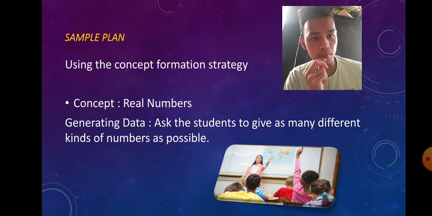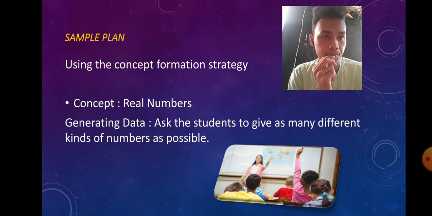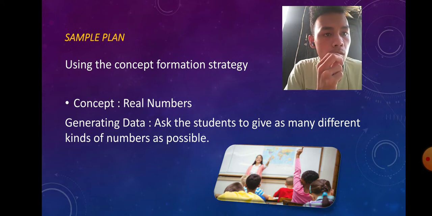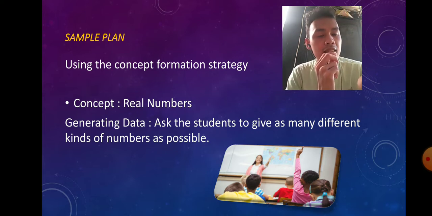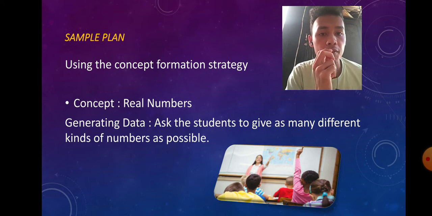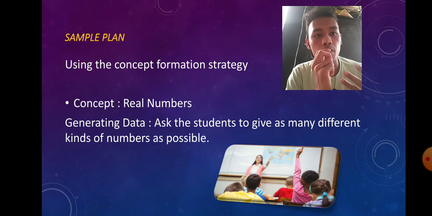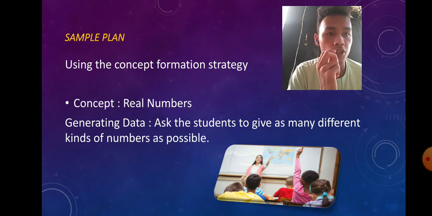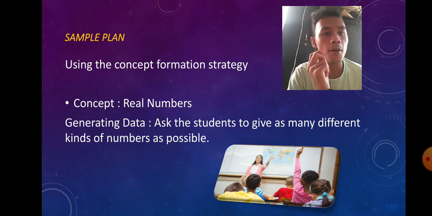After that, they will communicate with us easily after we ask them to give as many different kinds of numbers as possible. Those are my examples earlier, the integers. So here, real numbers.